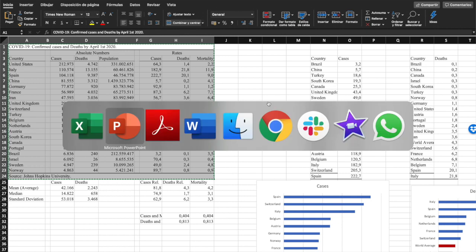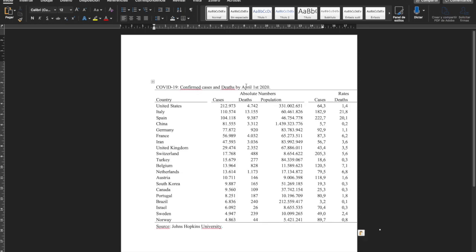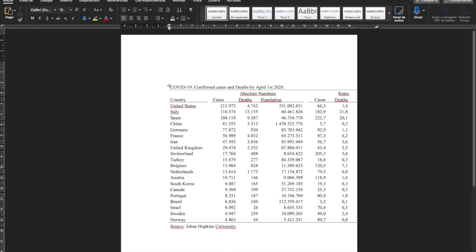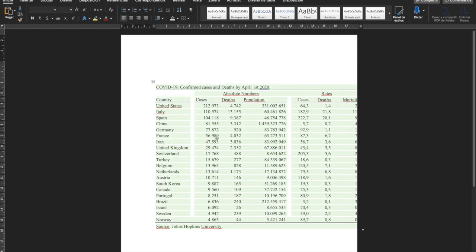And I will just create this new blank Word document, and I paste this here. So now I need to reduce the size of the table because it's too big.